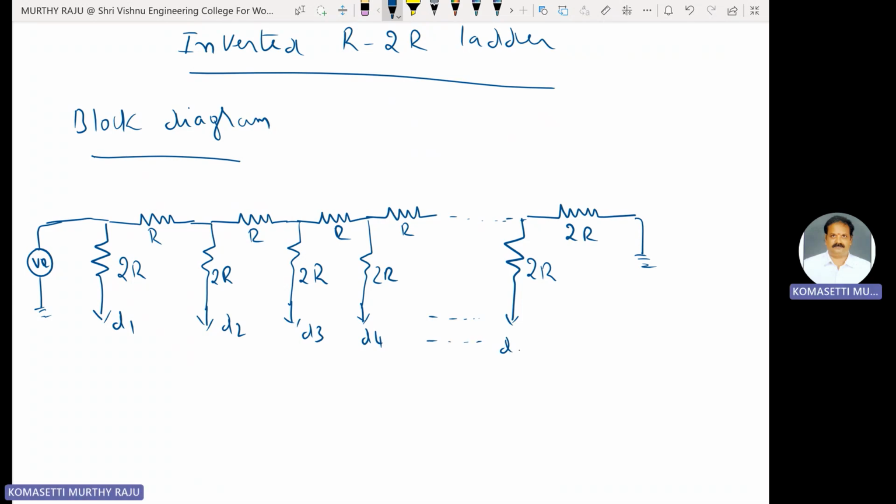This one is DN. The current flow through this 2R is I1. Here I2, I3, I4. This one is IN.